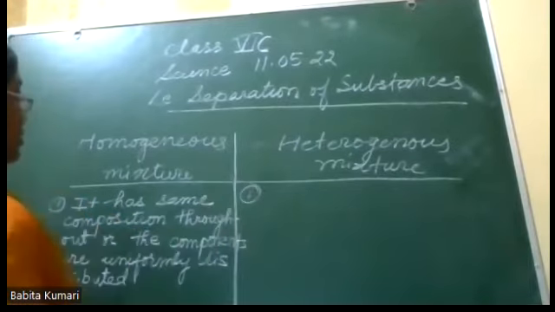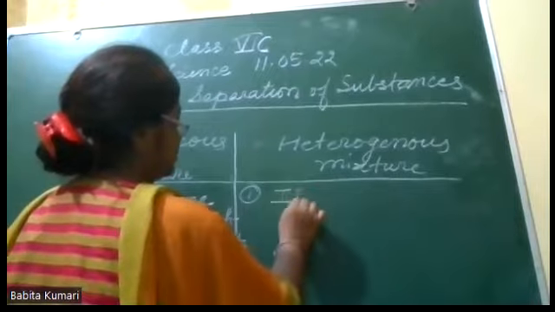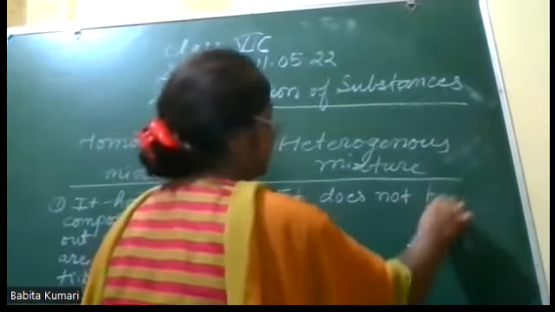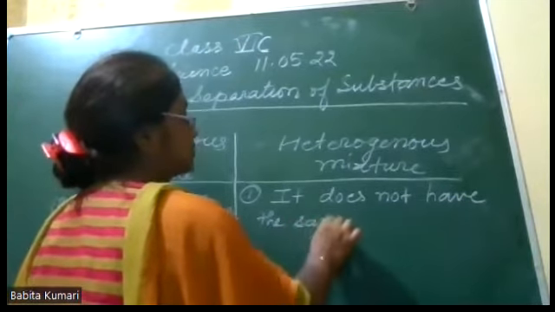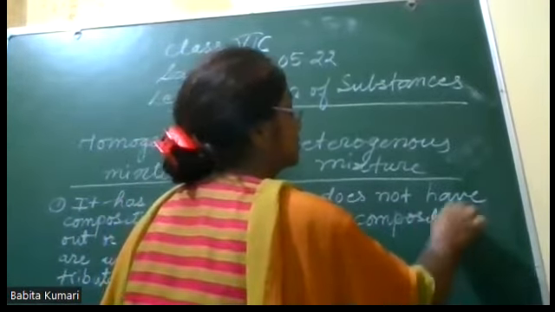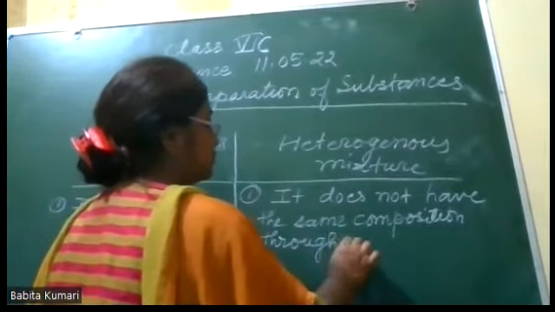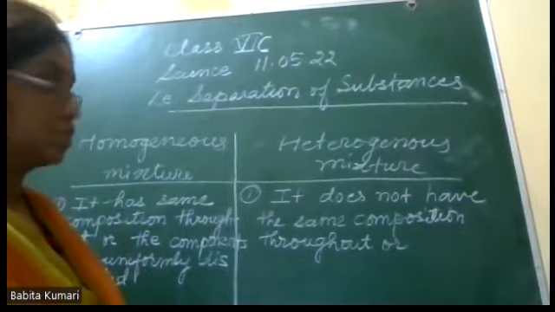So point number 1 for heterogeneous composition, it does not have the same composition throughout, or the components are not uniformly distributed.